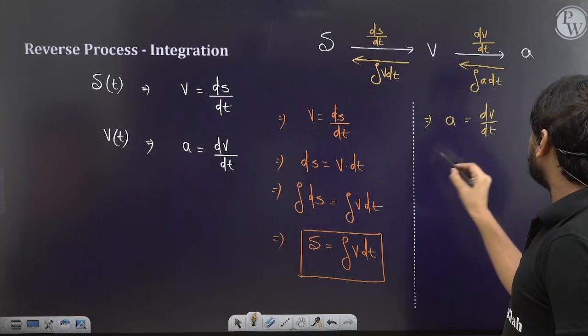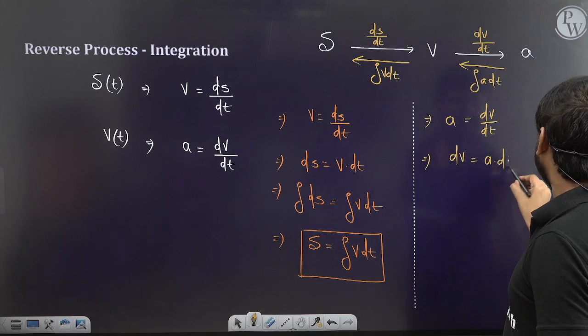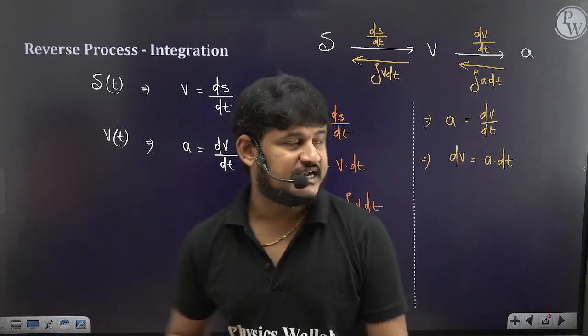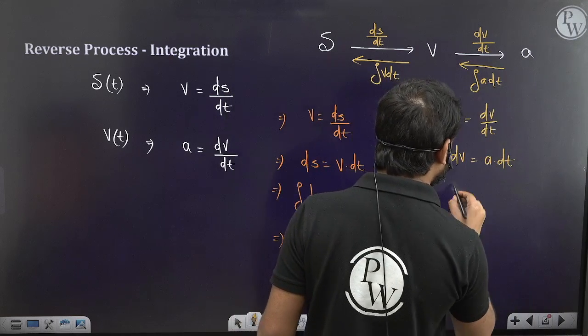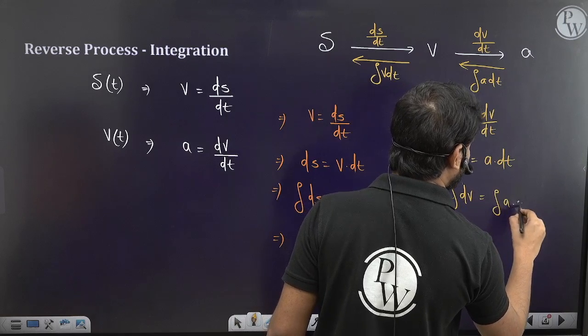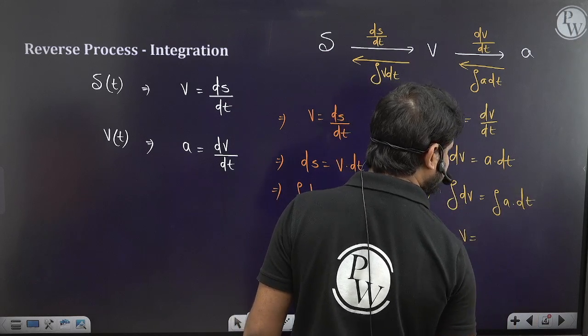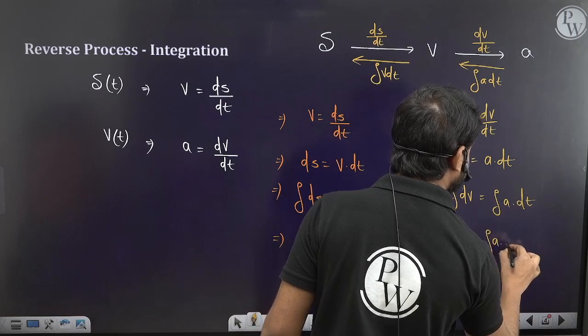Next, similarly, if you take acceleration, we know acceleration is equal to dv by dt. So I can write dv is equal to a dt. Then integrate, so the integration of dv is equal to the integration of a dt. Integration and differentiation cancel, so the velocity is equal to the integration of a dt.